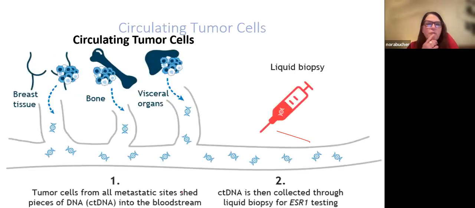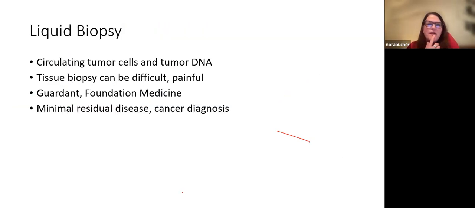Next slide, please. Oh, I'm sorry. Could you go back to that slide? The other thing I wanted to mention, that you may have heard of some of these companies that perform the liquid biopsy, such as Guardant or Foundation Medicine. There's also this notion of using circulating tumor cells to capture if there's minimal residual disease. For example, in some patients who have early breast cancer, this might be a way to monitor if there is a recurrence.